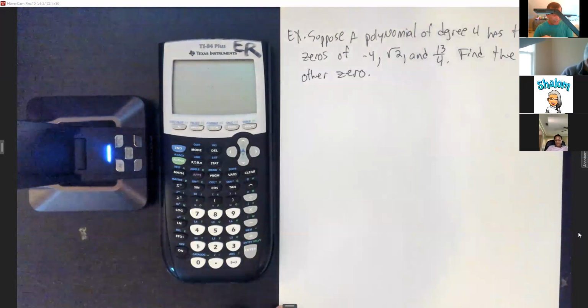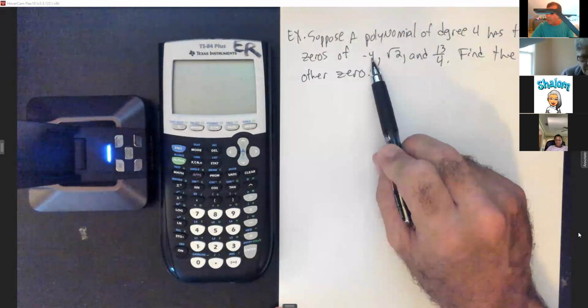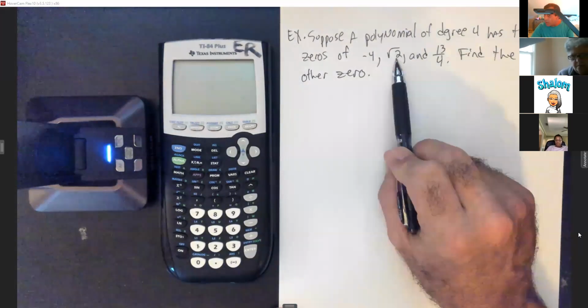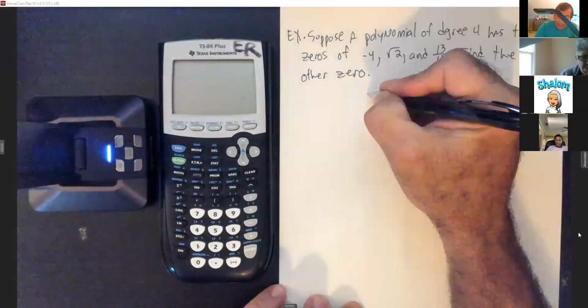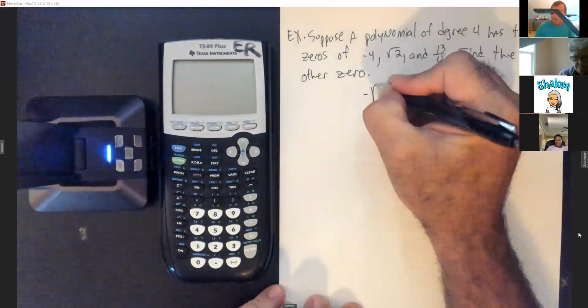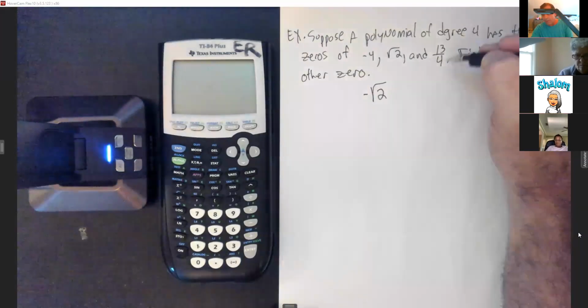And it goes off of what I just wrote down a while ago. Notice, I don't know nothing about that -4, but I do know if a square root of 2 is a 0, then the other zero has to be a negative square root of 2. And then we didn't have no rules about the fractions.